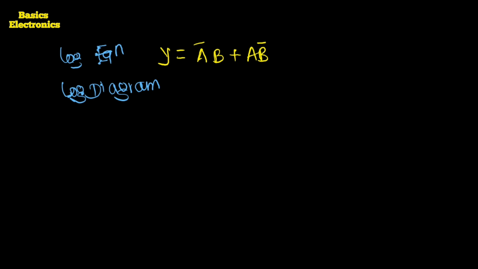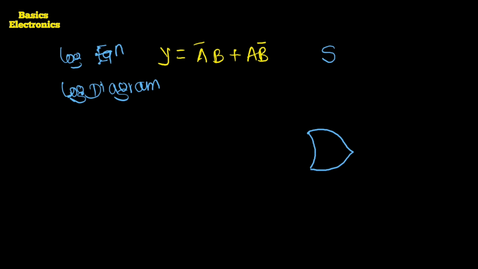So at the output side, there is one OR gate we require to use. Why are we using the OR gate at the output side? Because this equation is in the form of a sum. There are two types of equation we have in Boolean algebra or in digital electronics.